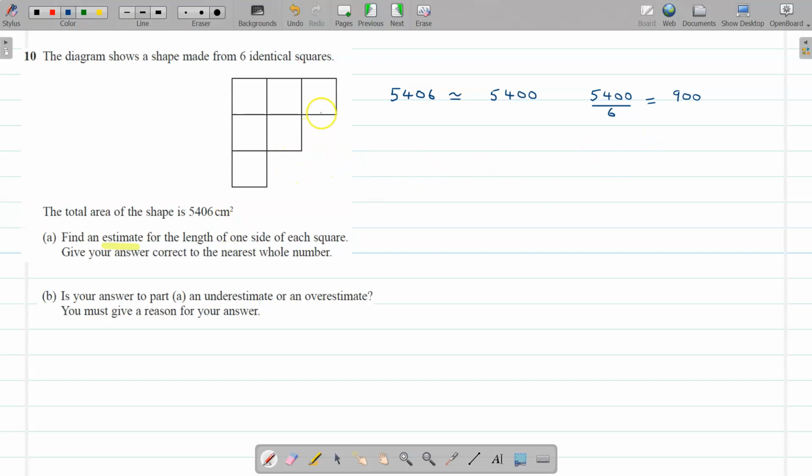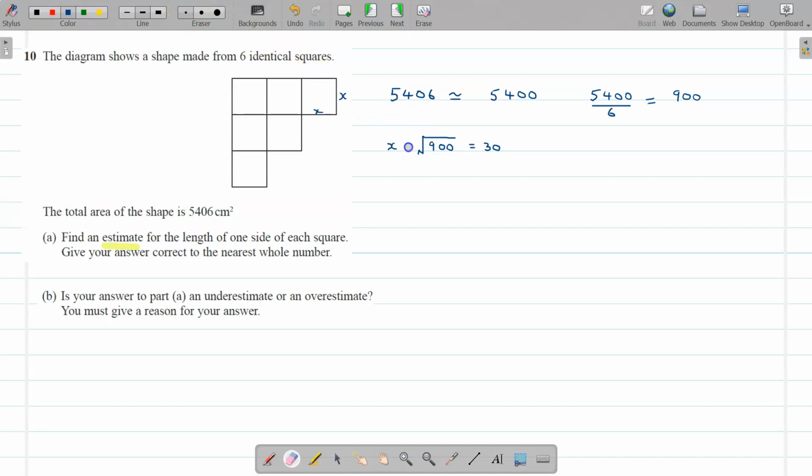Okay, so I'm just going to put here x, that's the length of a side of a square. And therefore I'm just going to say x equals the square root of 900. Okay, and that equals 30. In fact, just to be careful here, I should put that x equals approximately the square root, because it doesn't exactly equal that.